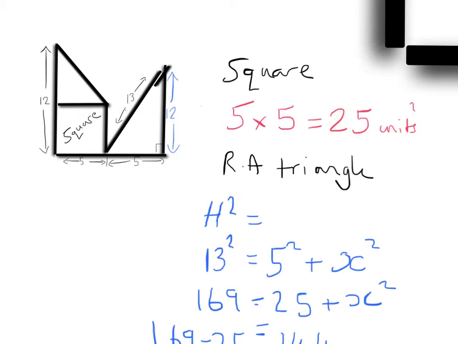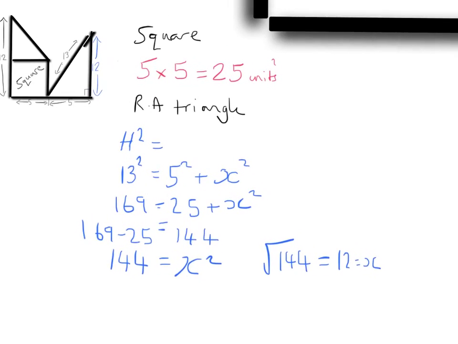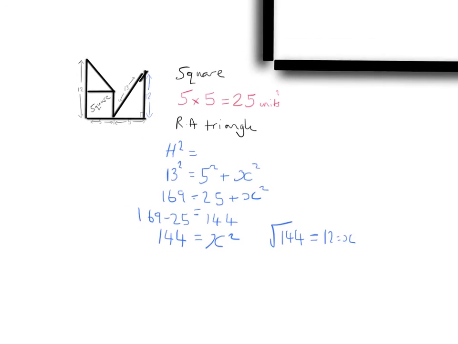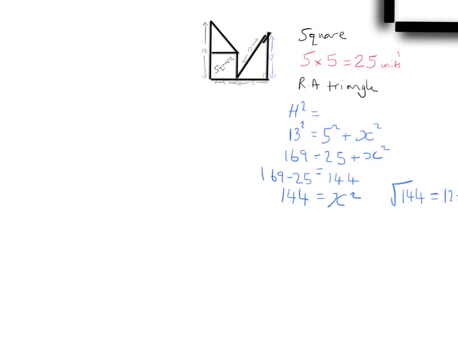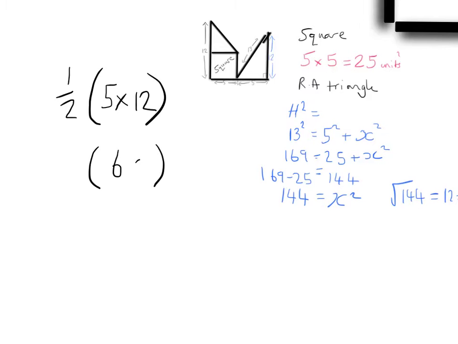It's going to be half base times height, which you all definitely know. We'll do it over here, in black. So half of 5 times 12. 5 times 12 is 60.